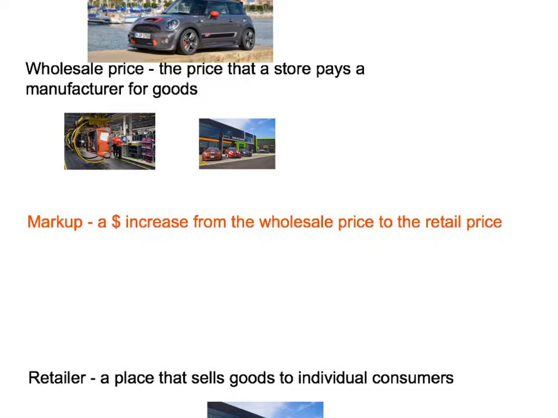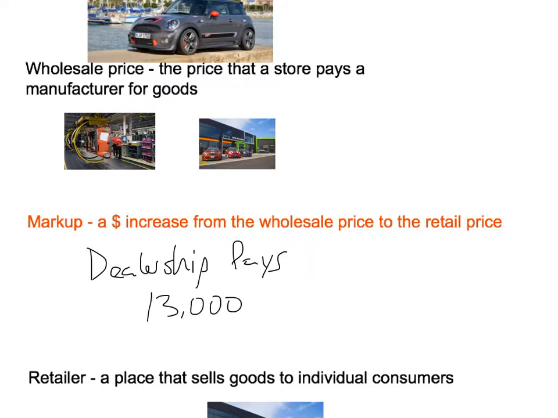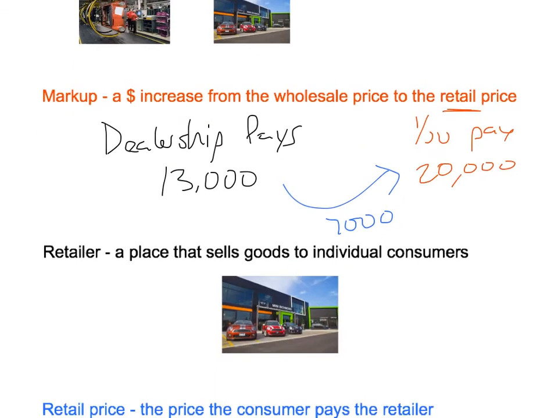So let's say the dealership pays $13,000 for a Mini Cooper, and you pay, and again, you're going to be paying the retail price, and we'll talk about that in a second. Let's say you pay $20,000 for the Mini Cooper. The markup would be that difference there of $7,000. Okay, so when we talk about markup, it's actually a dollar amount.